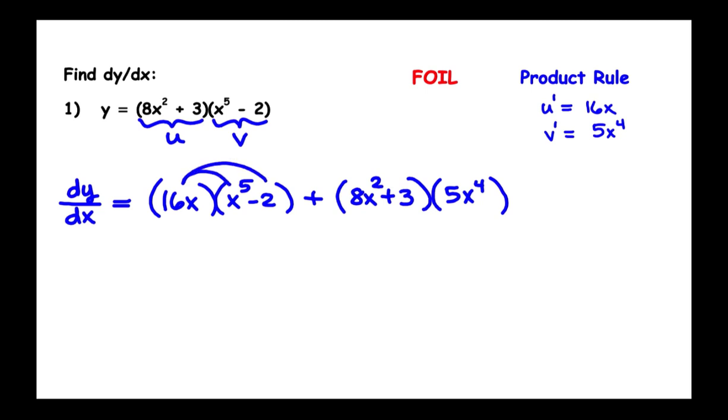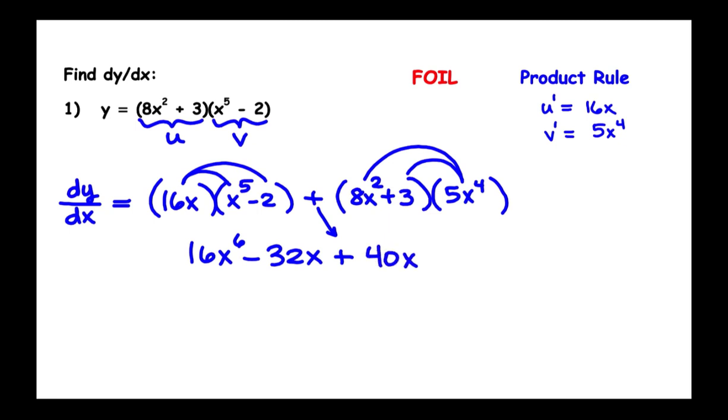Using some distributive property, that's going to be 16x to the sixth minus 32x. And you can do distributive property from the back side here, so this plus comes down. Let's see, 5 times 8, 40, x to the sixth, remember you add the powers, plus 15x to the fourth. Ooh, I see some like terms. Let me combine those. So we get, let's see, 40 and 16.